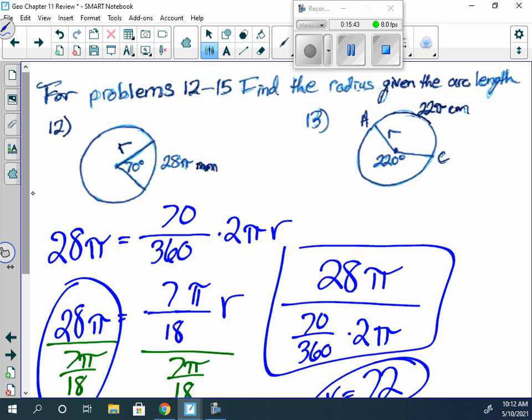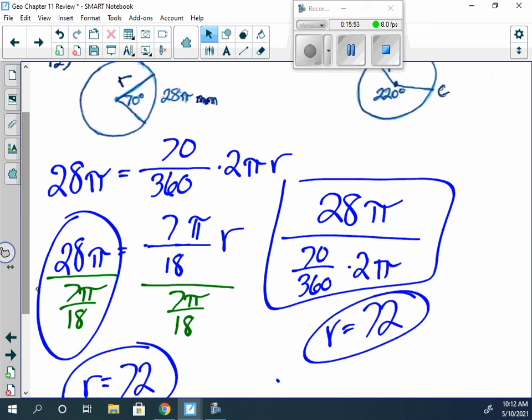Any questions on 13? Are we good with 13? Are we good to move on to the next one? Yes. Are we good with these two here? Huh? Yep, that's fine. Yes.